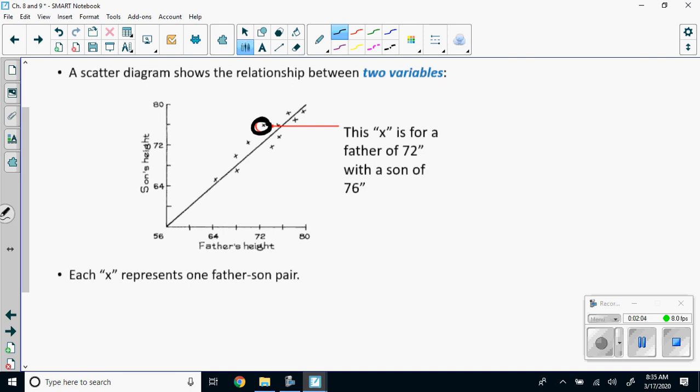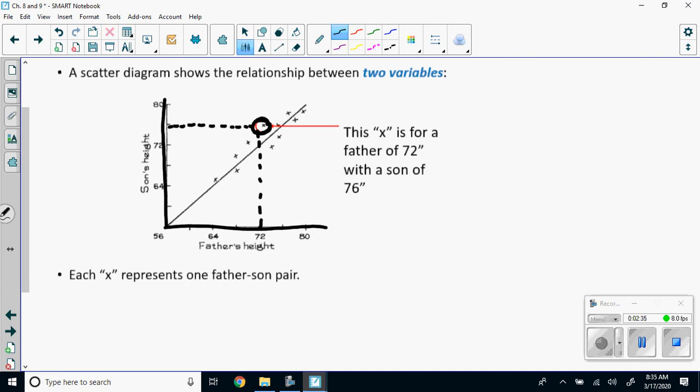So what this graph is showing is the father's height along the x-axis and the son's height along the y-axis. This point represents a father-son duo with a father's height of probably 73 and a son's height of probably 76.